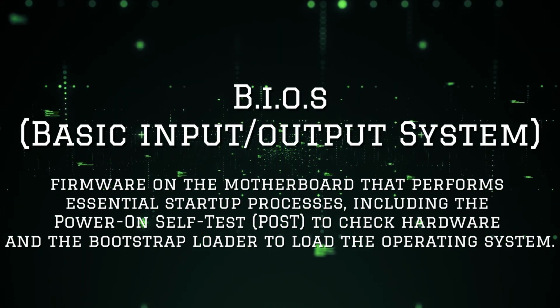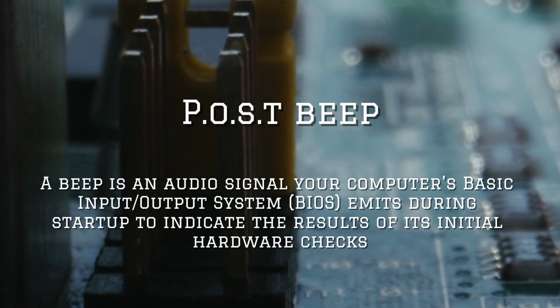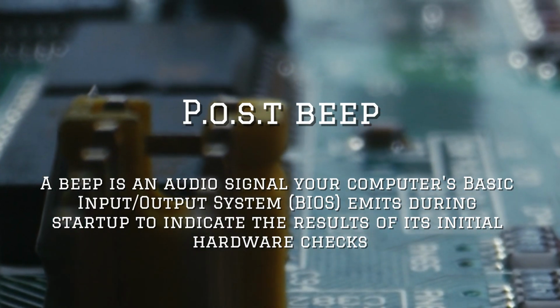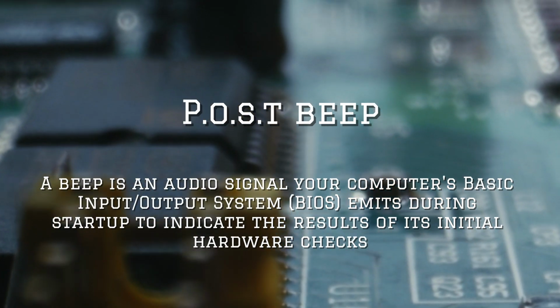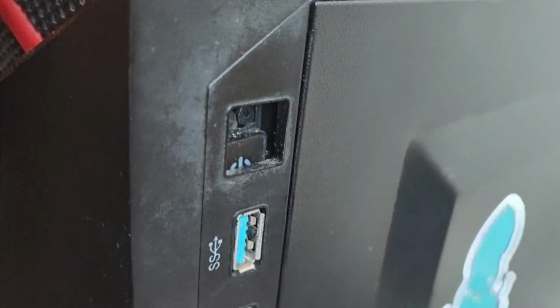If an issue is discovered, the POST will emit a beep code to notify the user, and this beep code corresponds to a specific interpretation that assists in resolving the problem. Also, make sure that the computer's power switch or button itself isn't faulty.